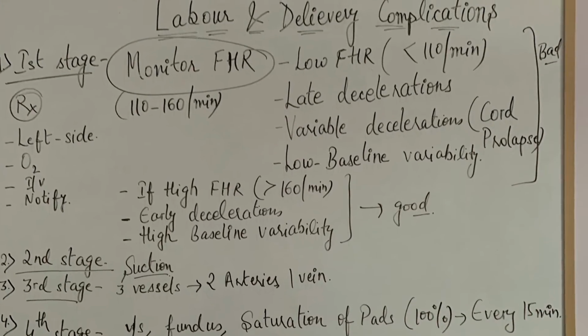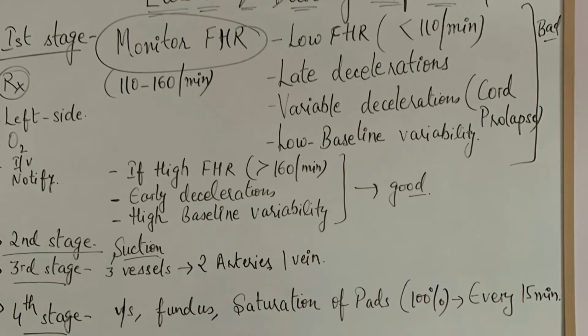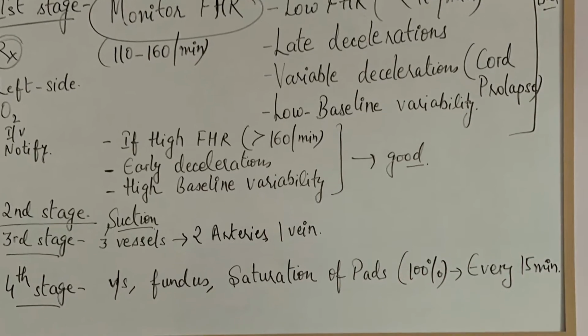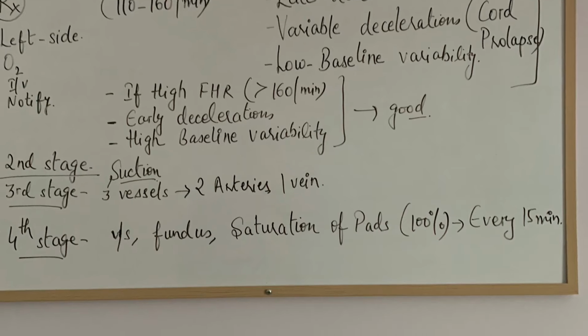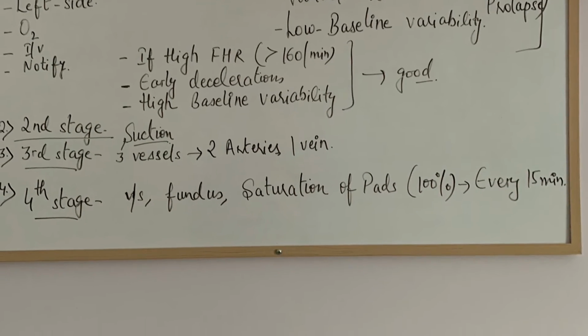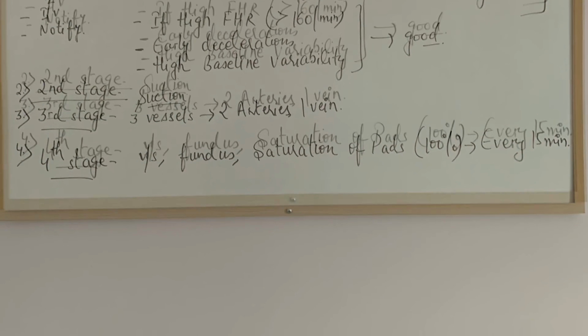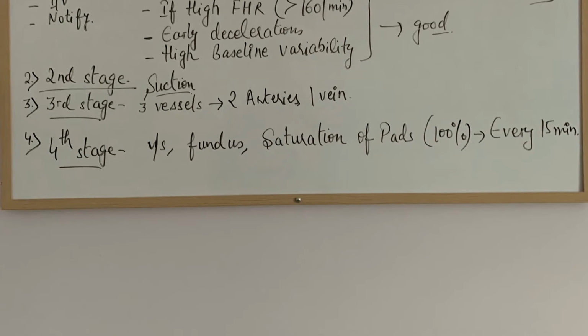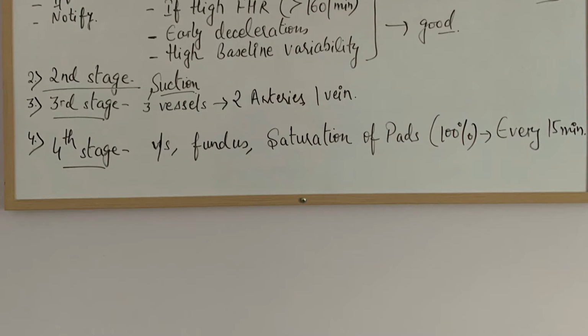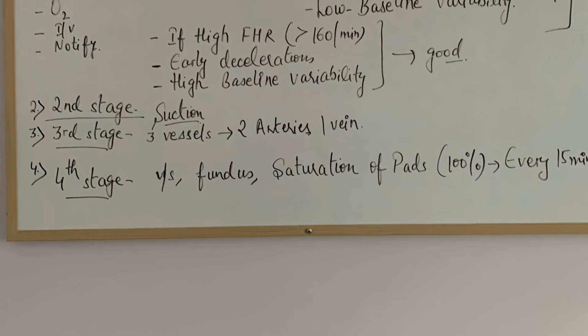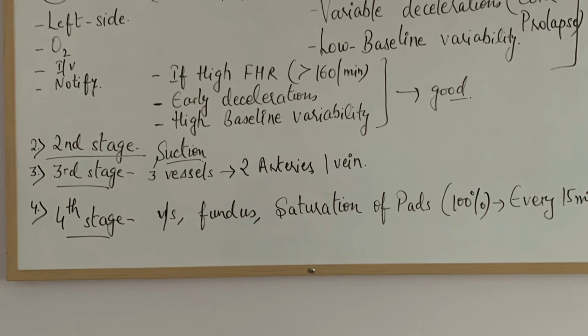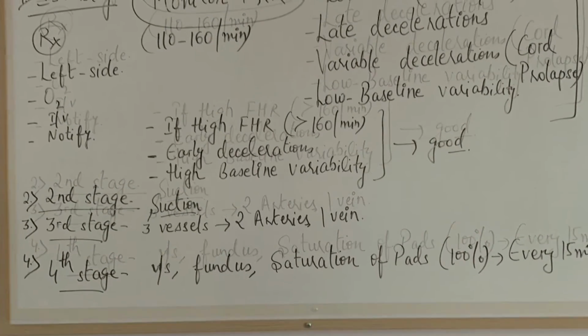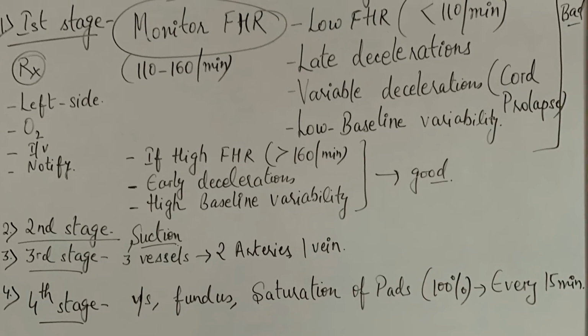And apart from these four things, there can be other findings, like a high fetal heart rate, if it is above 160 per minute, or early deceleration. That means the baby's heart rate slows before or at the beginning of a contraction.